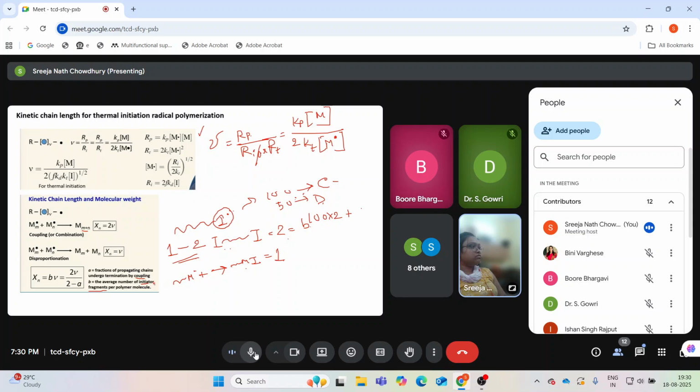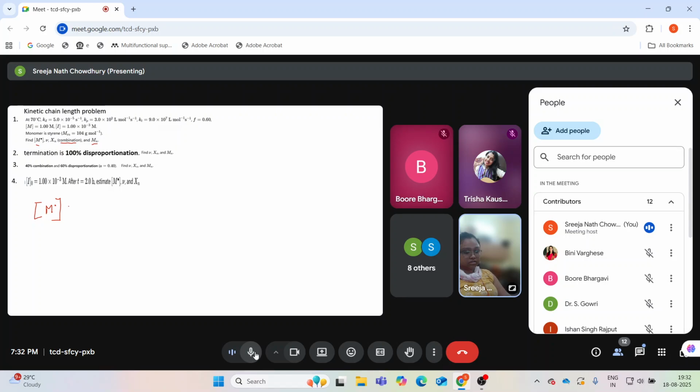So let's start with M dot. M dot is very easy. It is root over of Ri by 2 Kt. M dot will be 6 into 10 to the power minus 8 divided by 2 Kt.